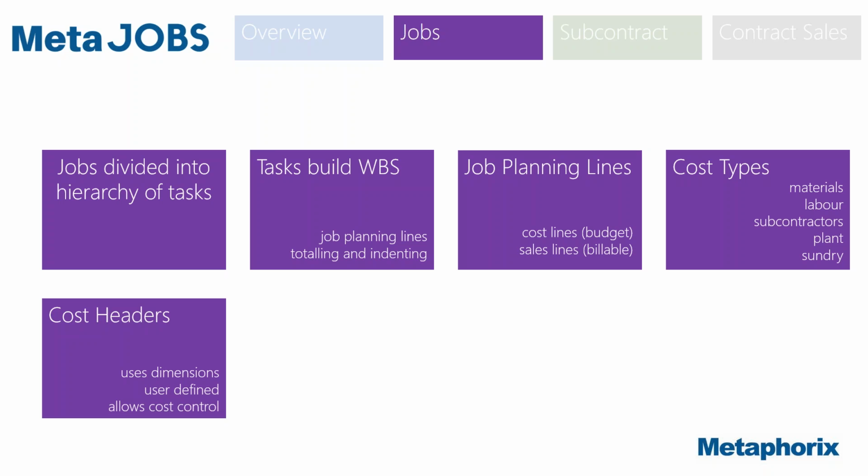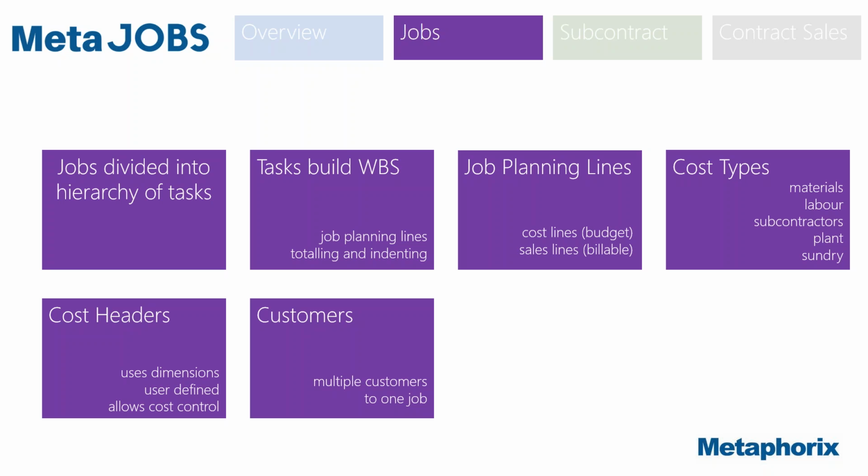The cost headers themselves are user defined, so you have your own sets of cost headers. So for materials you might have pipe work, brick work, that type of thing, different types of materials. Under labour you might have different types of labour, subcontractors, different trades. Under plant you might have different categories of plant, that type of thing. That builds up your cost headers.